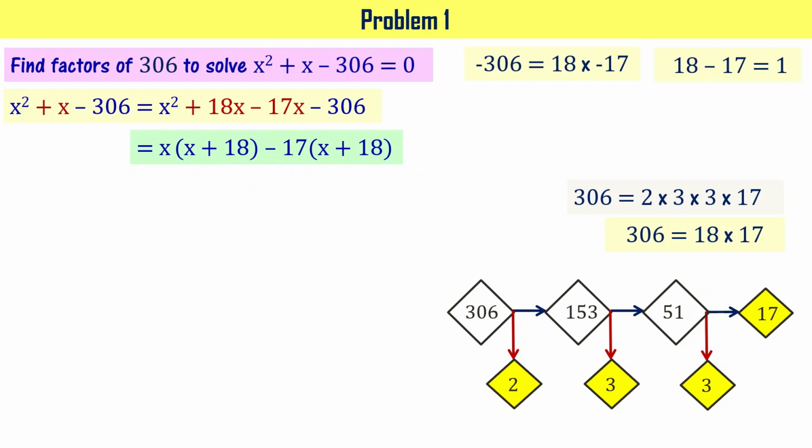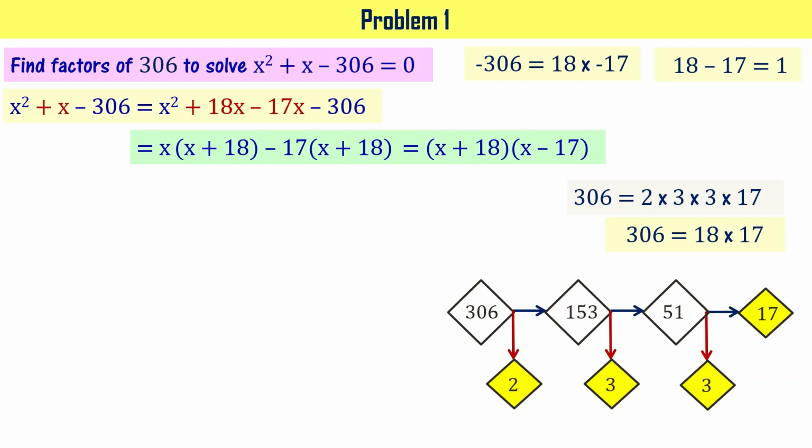You can take x plus 18 as the common factor here, so that x square plus x minus 306 can now be written as (x plus 18) times (x minus 17), right? These are the two linear factors of x square plus x minus 306.